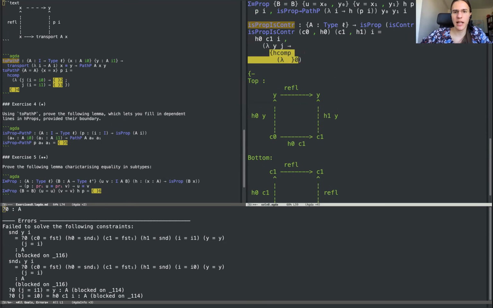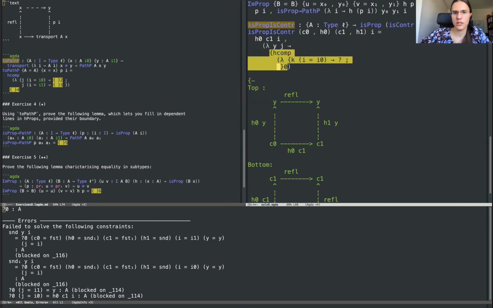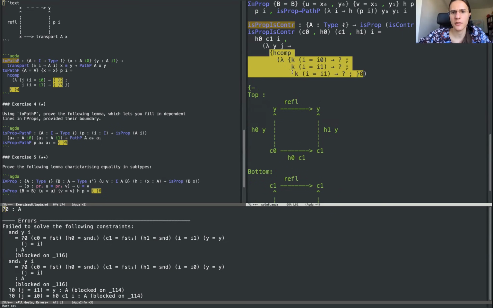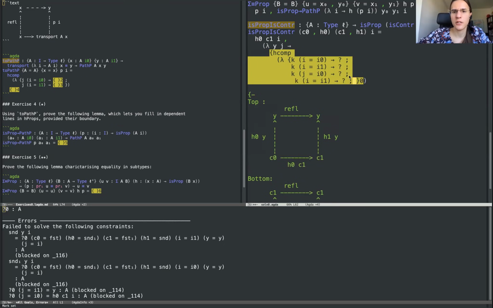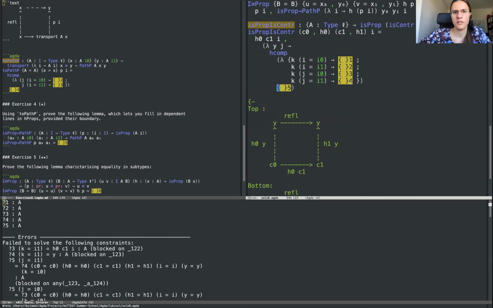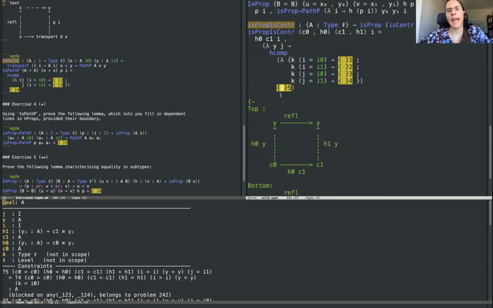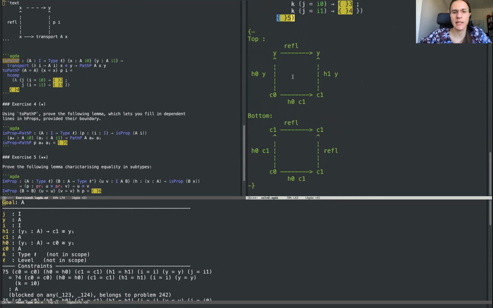Then I may as well abstract, and I'm going to do K. I is equal to I naught, K I is equal to I1, J is equal to J naught, J is equal to I naught rather. Okay, and at the bottom, I could basically fill in whatever square I want.